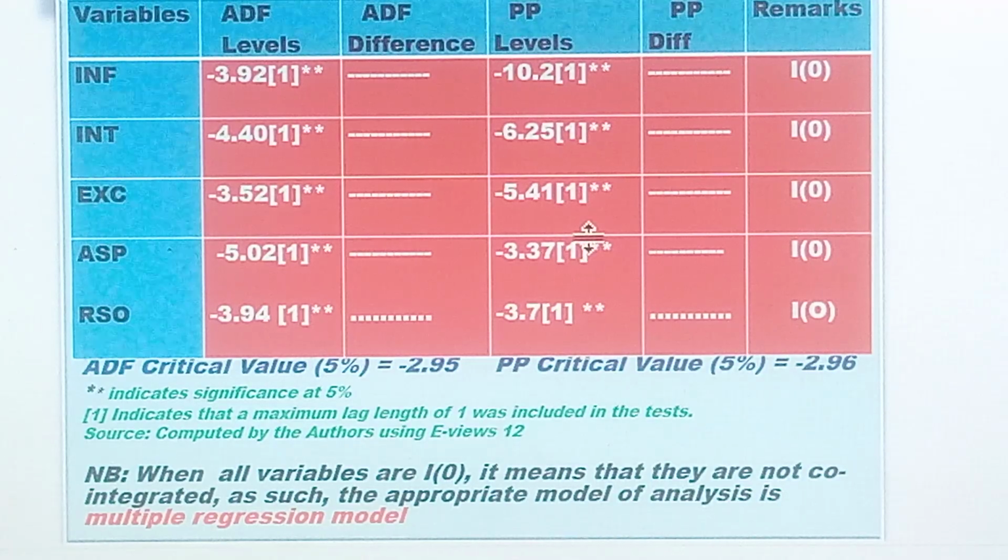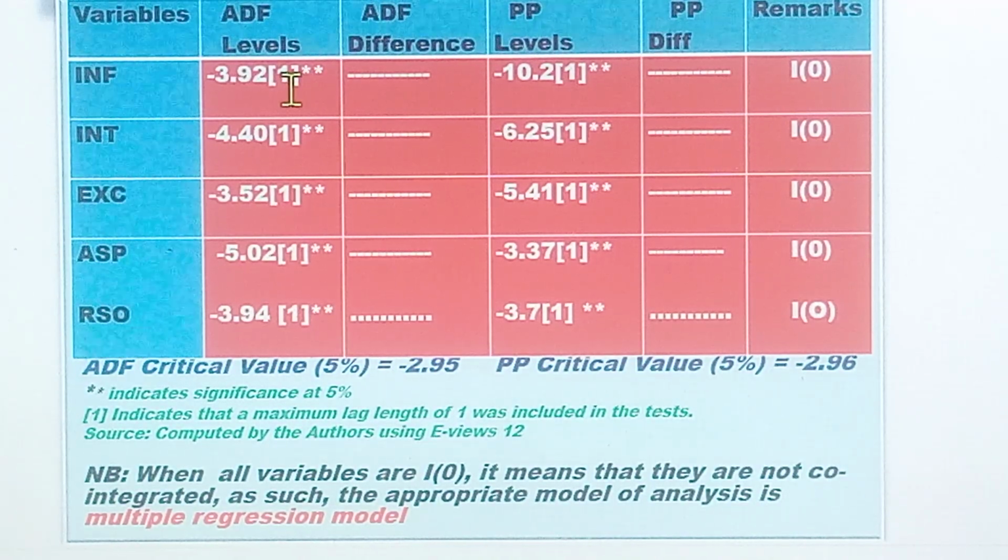Okay. Now, I also have the same variables here: inflation, interest rate, exchange rate, asset price, and real sector output. And look at the ADF result at levels for inflation. It is estimated as minus 3.92, and the critical value is minus 2.95.